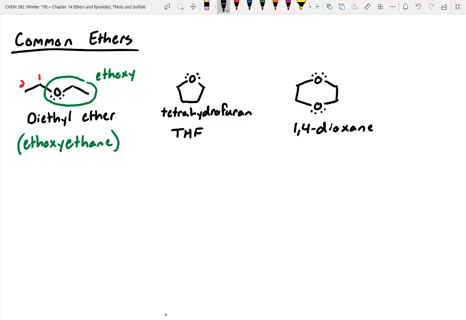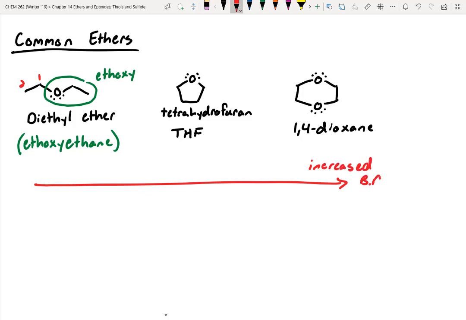So if you need to really crank up the heat, you can switch to 1,4-dioxane. Essentially, all of these are common solvents, but we have increasing boiling points as we go this way. So if you need something where you don't have to heat it very hot, you can use diethyl ether, but if you need to heat it really, really hot, you'll typically use 1,4-dioxane as your solvent.